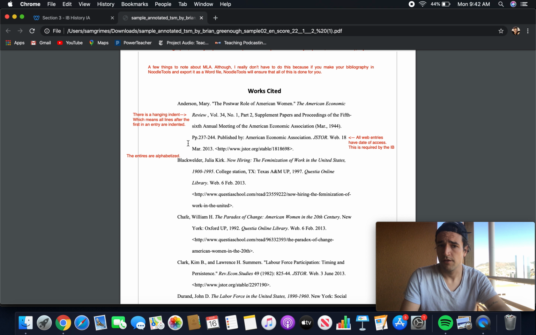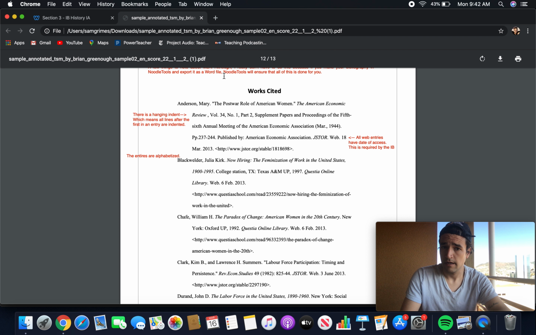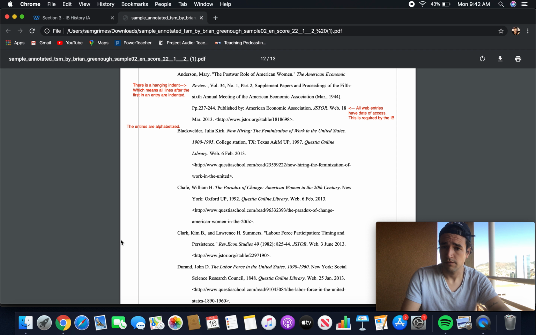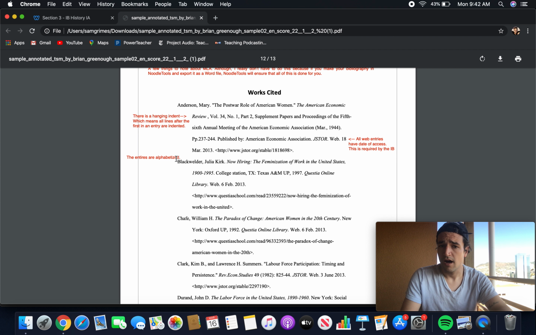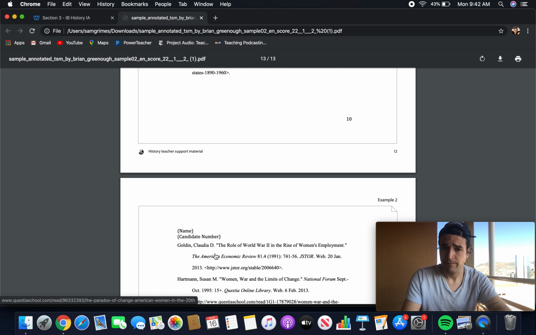There are probably other ways that you can do a hanging indent as well. You can also use NoodleTools. I believe NoodleTools will automatically do it for you. So experiment. All entries are alphabetized, so that's another thing you guys are struggling with. Everything should be double spaced without an extra space. You see how it's the same amount of space even between sources; it should look like that.